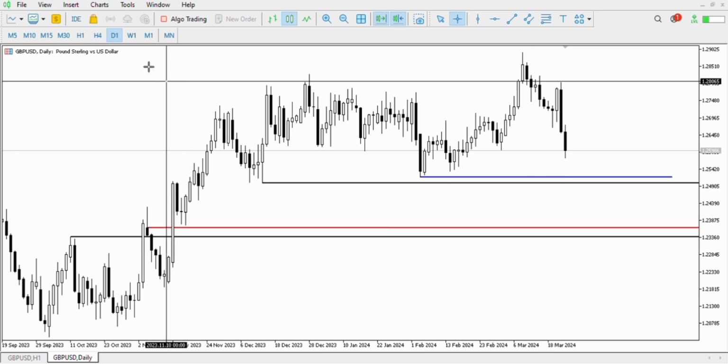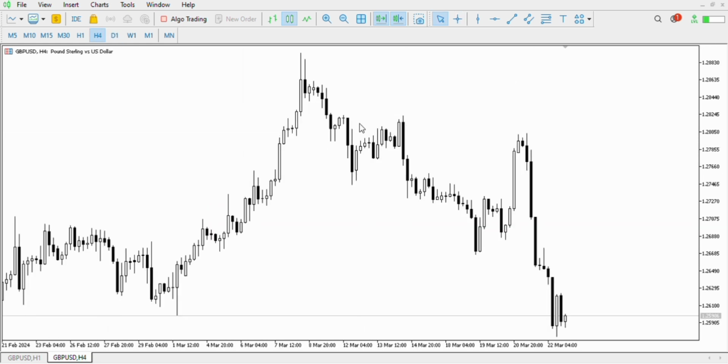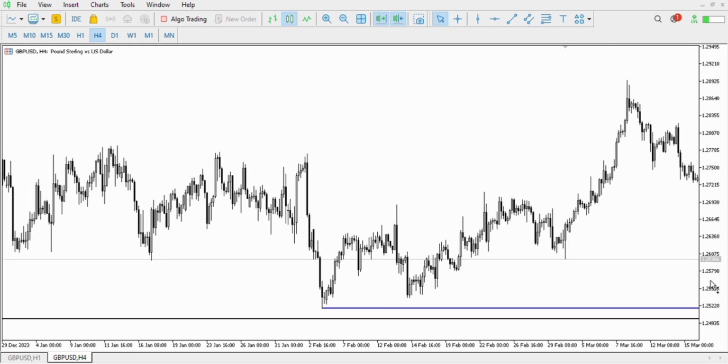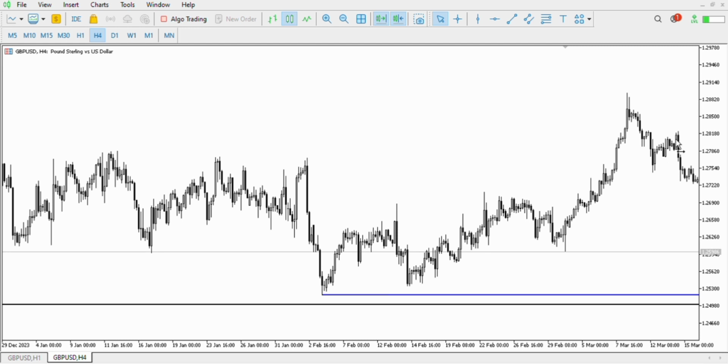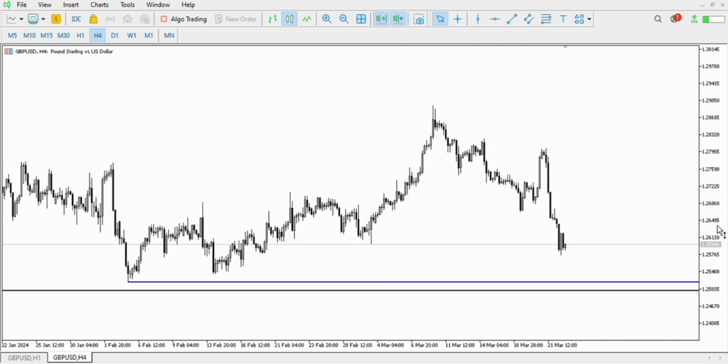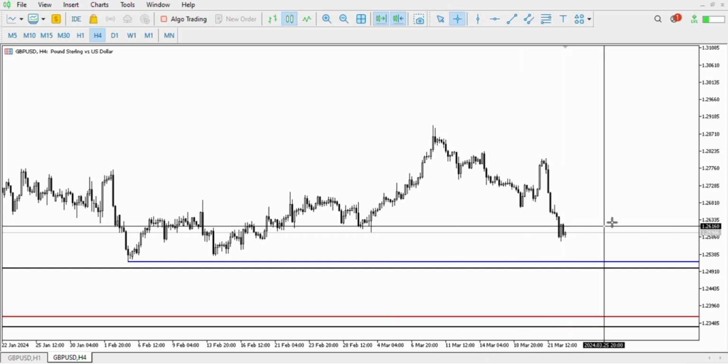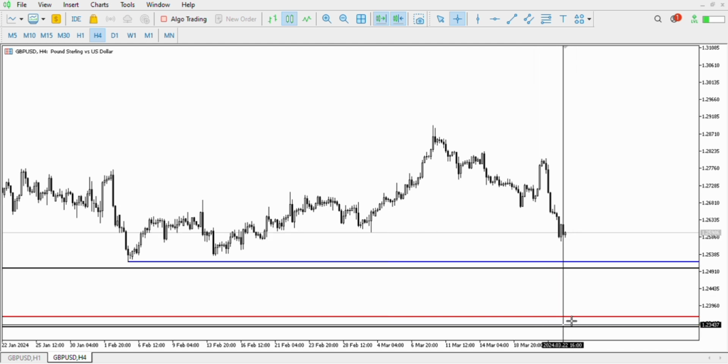Understand? That is, on the 4-hour time frame, you want to see price head to this area right here. Let me decode the chart a little bit. So you want to see price head to this area right here in the 4-hour time frame. Then a break of structure will mean that this area is likely to push price higher.